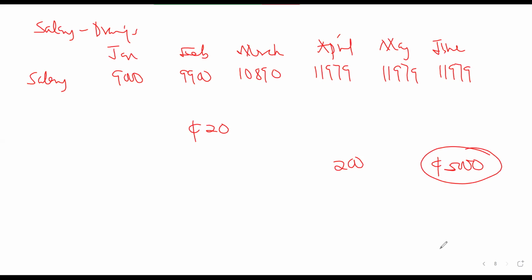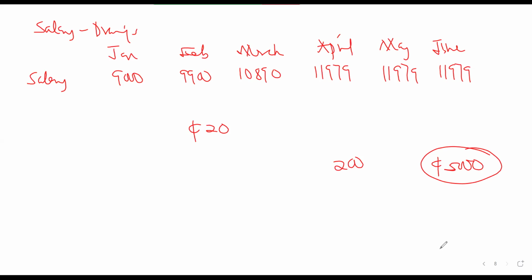Based on our budget, or based on our target, how much should I have spent on the 200? That is our target from the house, that we are going to be paying 20 cedis for every tomato we are buying. We ended up buying 200 and we paid a cost of 5,000.